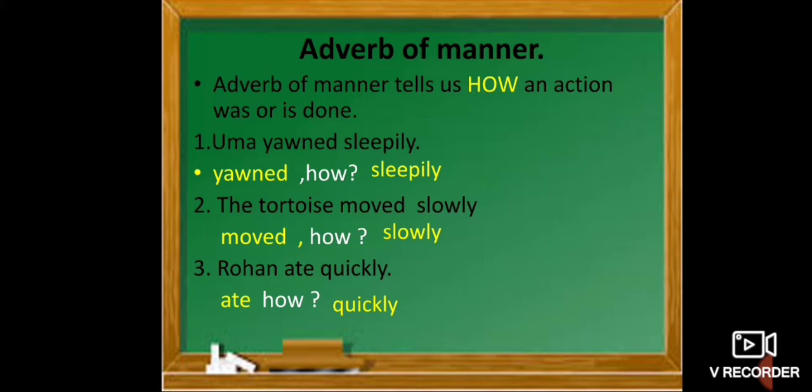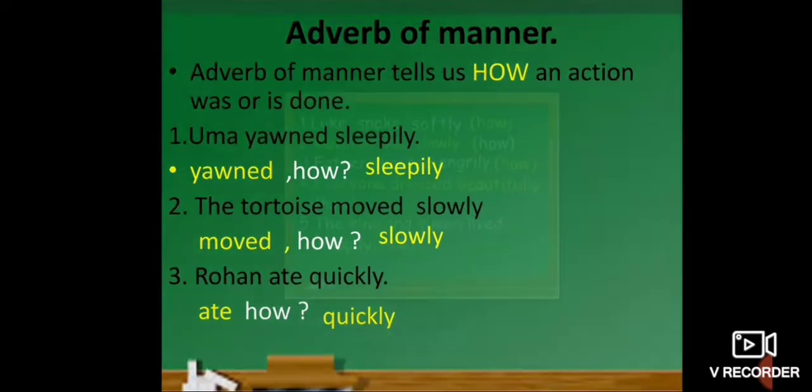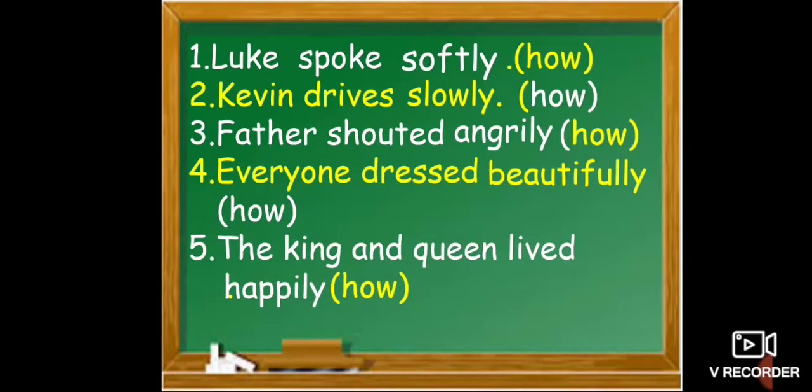When you get an answer for the question how, that word is adverb of manner. Look at these sentences. Luke spoke softly. How? Luke spoke how? Softly. So that is the adverb of manner.